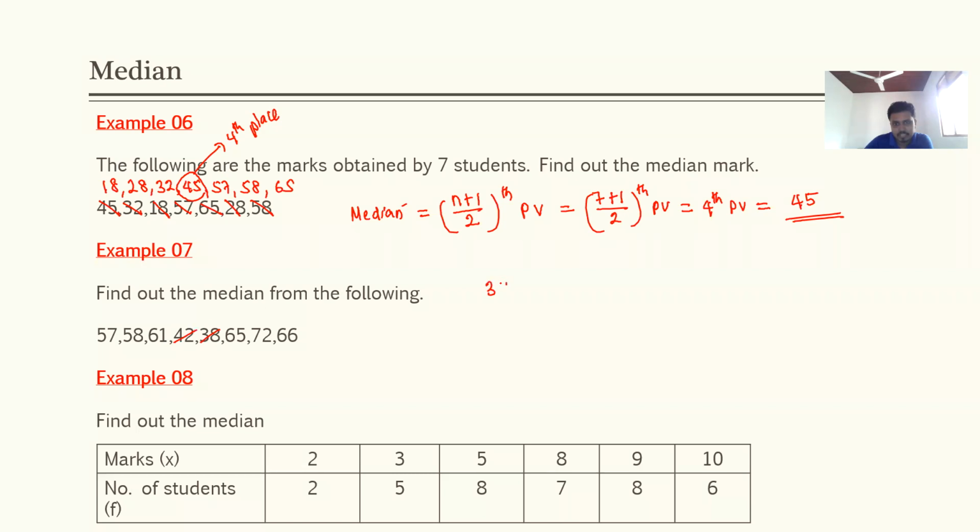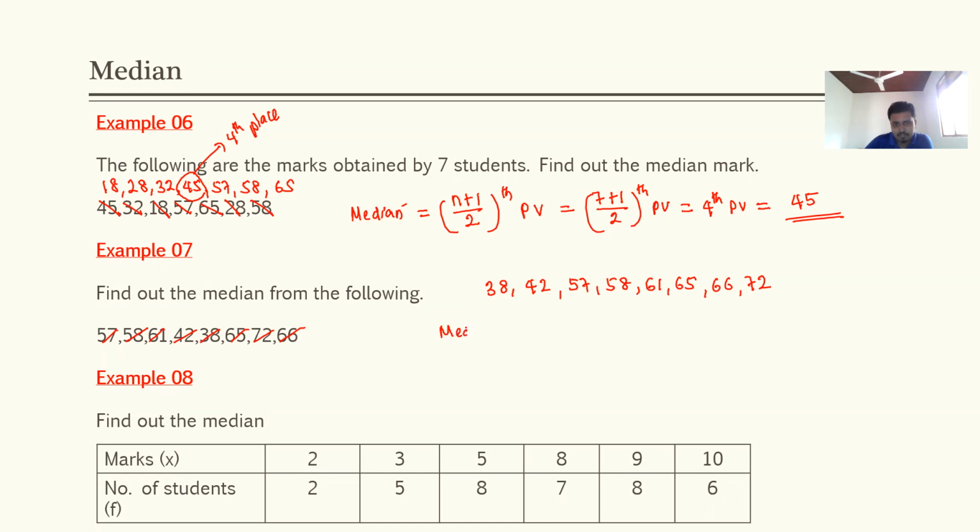So I will have it here. 38, 42, then 57, 58, 61, 65, 66, and the last one is 72. Right, we have rearranged our data set in ascending order.